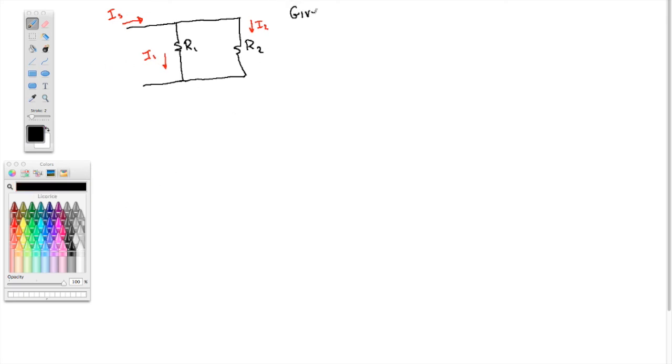Given IS and R1 and R2, how does IS split among the 2 branches?